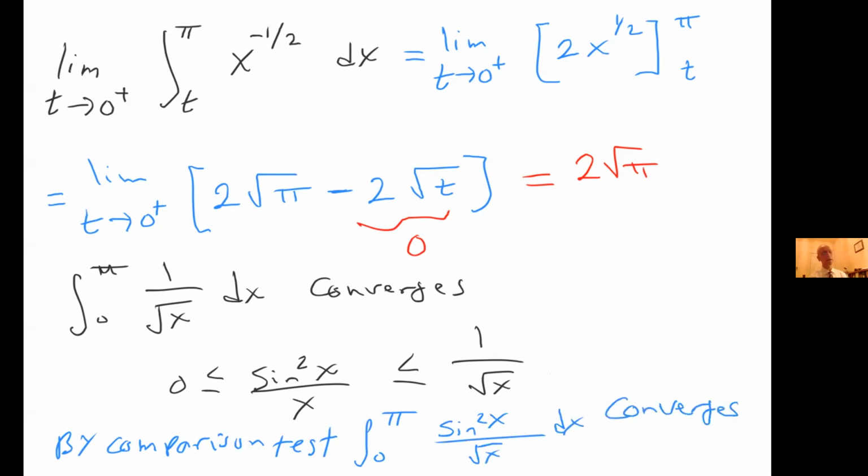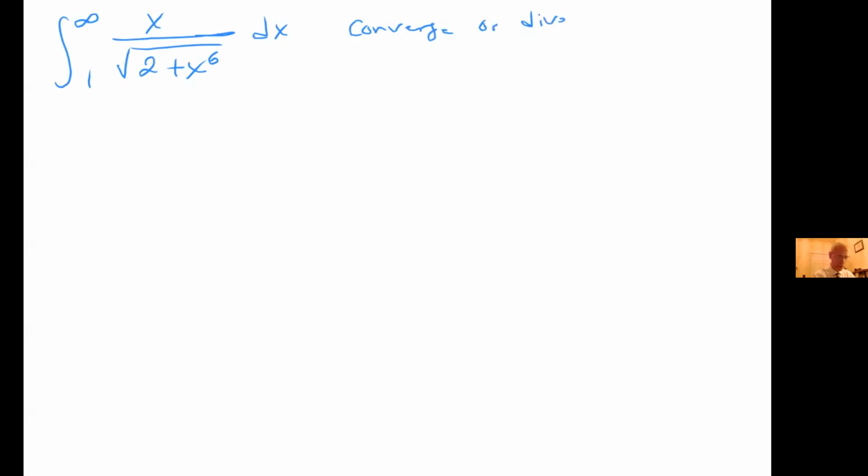Okay, and let's do one more. I think we have time to do one more. So let me go to the next page. And how about something like the integral from 1 to infinity of x over square root of 2 plus x to the power of 6 dx? Does this converge or diverge? So I'm going to write here converge or diverge.